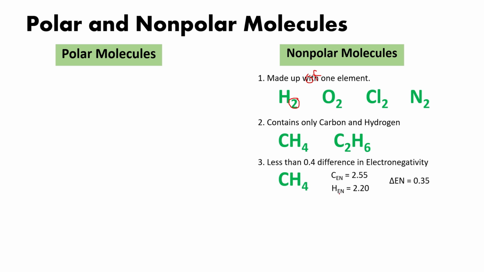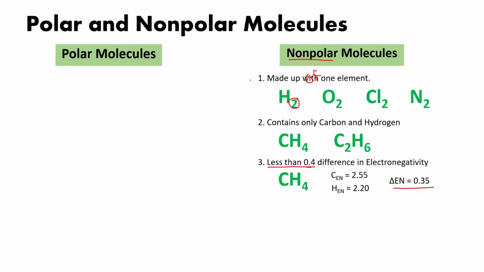The electronegativity of hydrogen is approximately 2.20. So if we subtract the two, the answer is 0.35, which is less than 0.4. It means this is nonpolar. So if it is less than 0.4, we can call that nonpolar. That is another way to determine a nonpolar molecule.